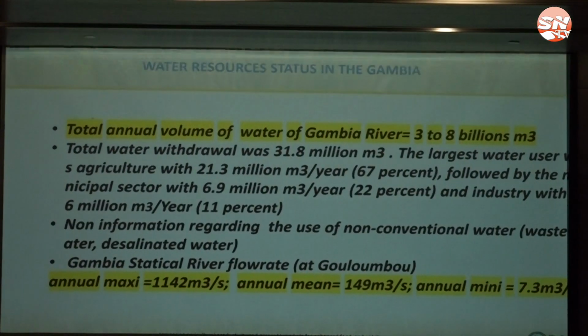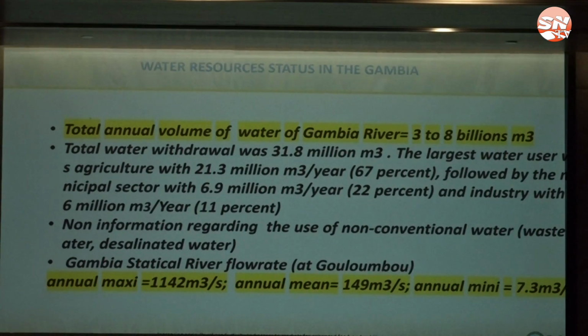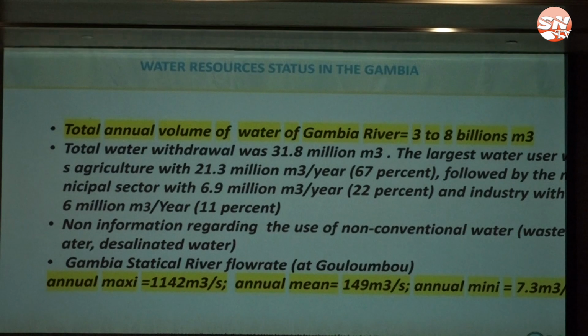Water resource status, you have a couple of figures here. The total volume of water in the Gambia River goes to 3 or 2 to 8 billion cubic meters. It's very important. And you also have the total water withdrawal per sector: irrigation, industry, domestic, and so on.